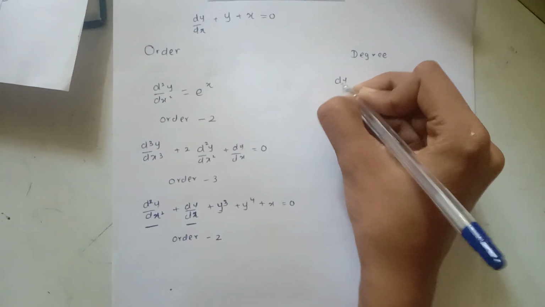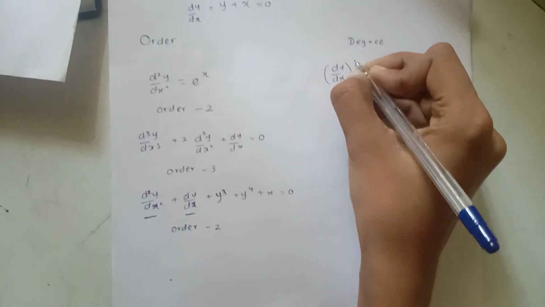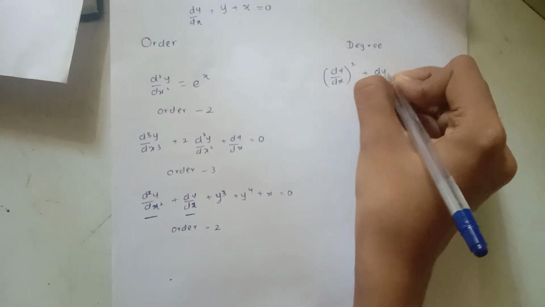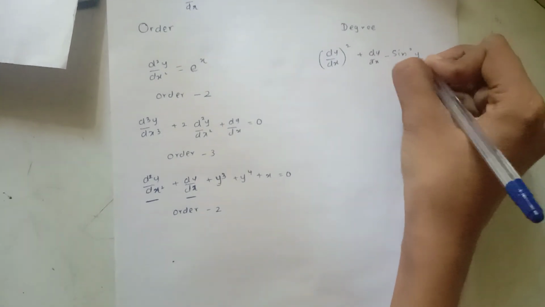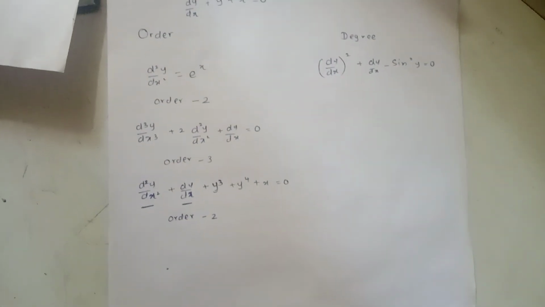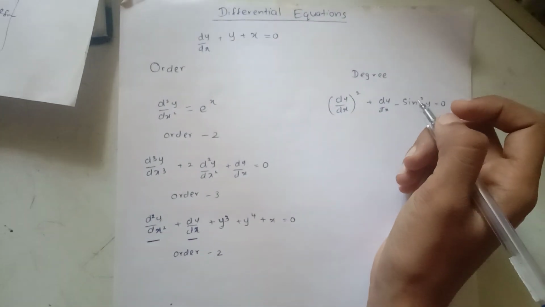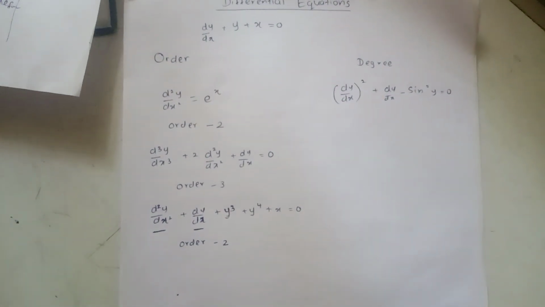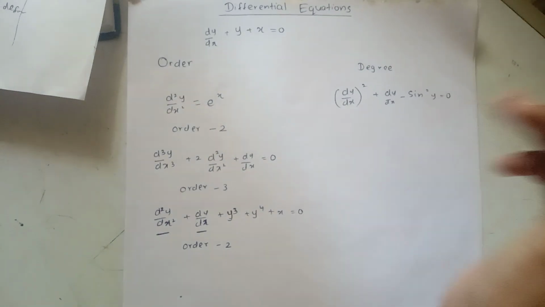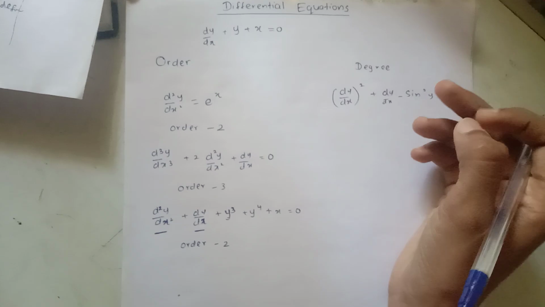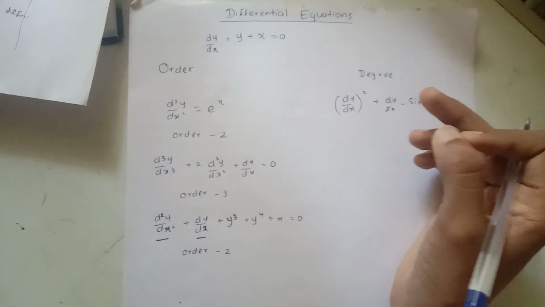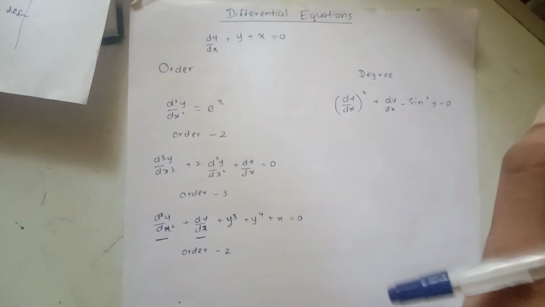Let's consider this example: dy over dx to the second power plus dy over dx minus sine square y is equal to 0. What it means by polynomial form is we have to write this equation as a polynomial of derivative terms, not just a simple polynomial.